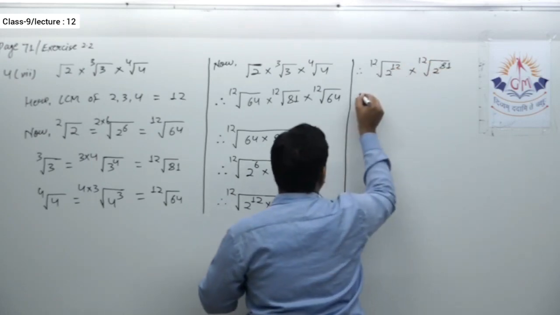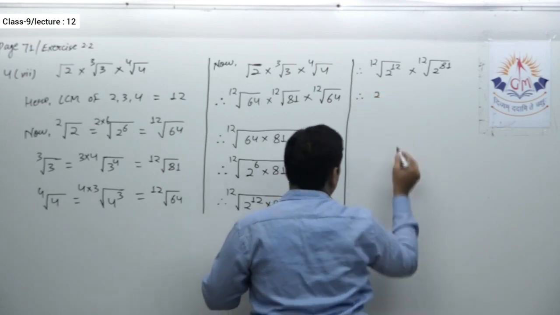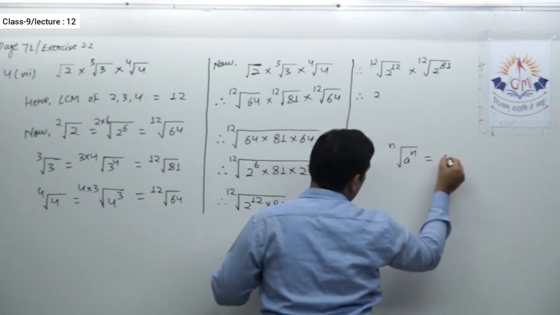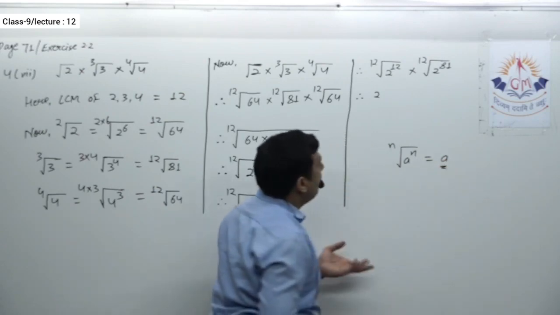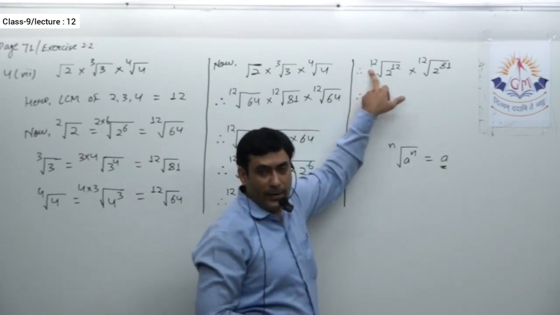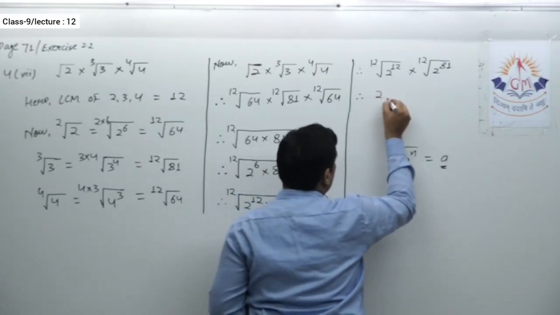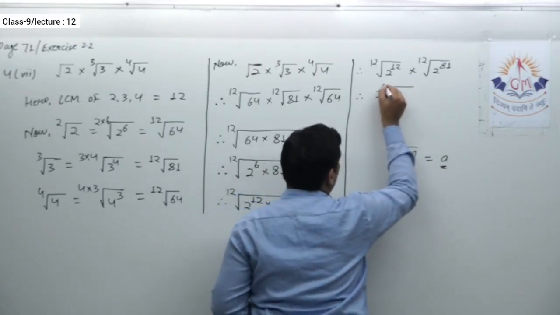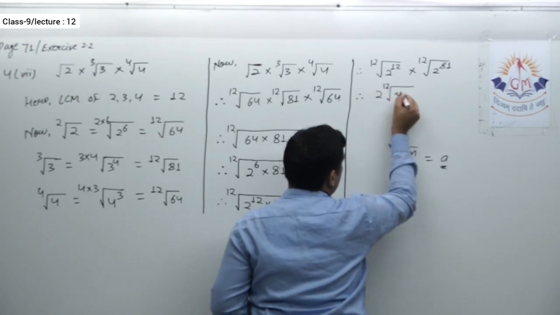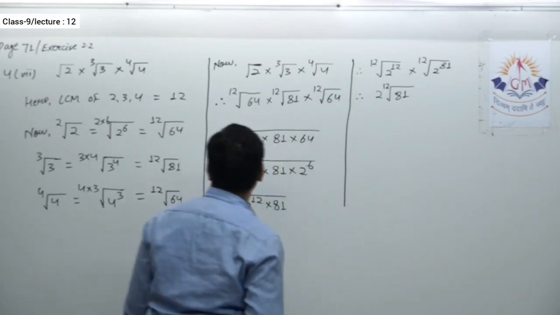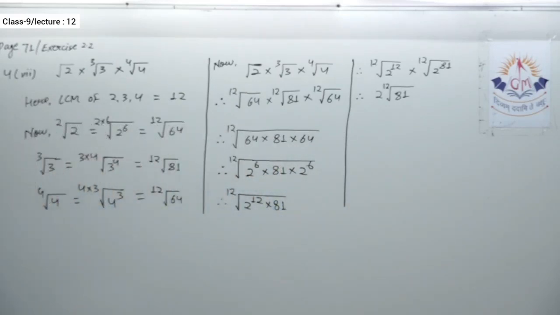So this actually becomes 2. If you remember, I gave you this law, nth root of a raised to n is equal to a. Or if you want to convert this into exponent, you are going to get the same thing. So it is 2 multiplied by 12th root of 81. This is the final answer. Okay, so please note it down, then we'll see the next question.